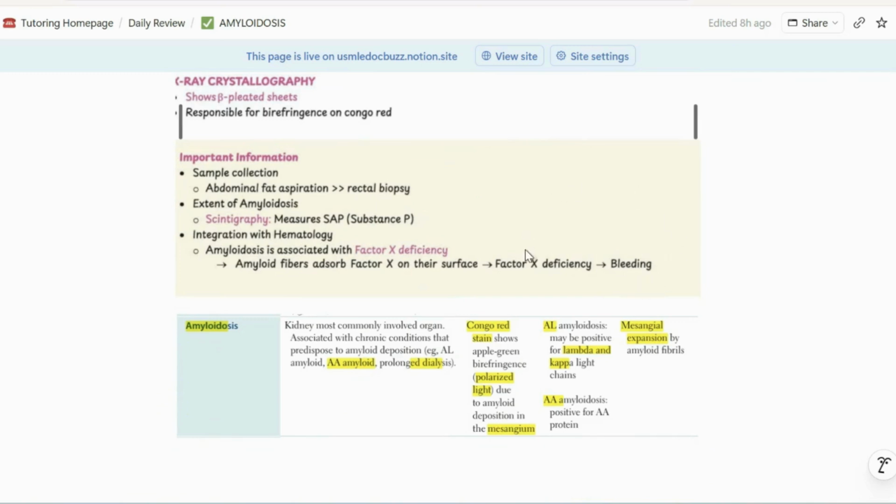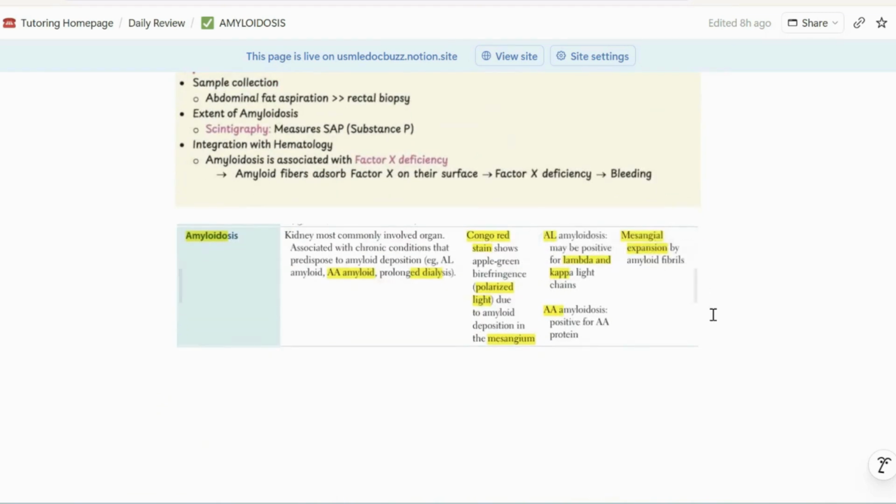So amyloidosis and bleeding. This whole sequelae also adds to the fact that you're seeing purpura. The fragility as well as the bleeding tendency all come together, and you can have skin manifestations or maybe even internal manifestations. So that's about it.